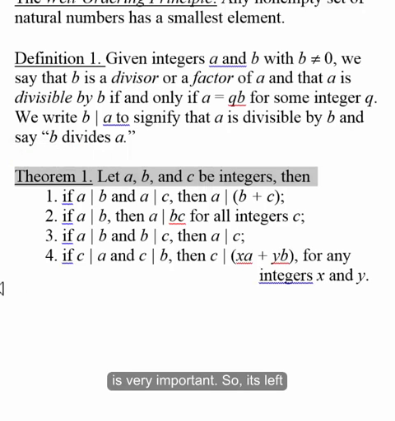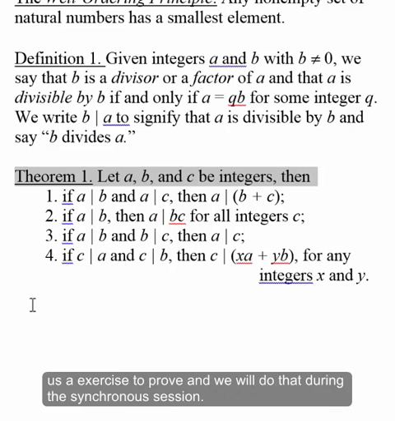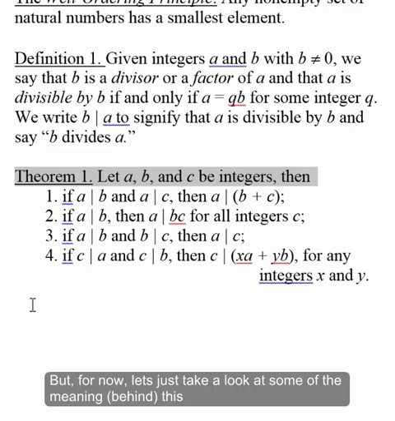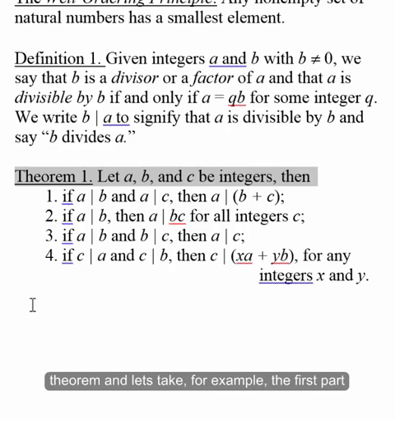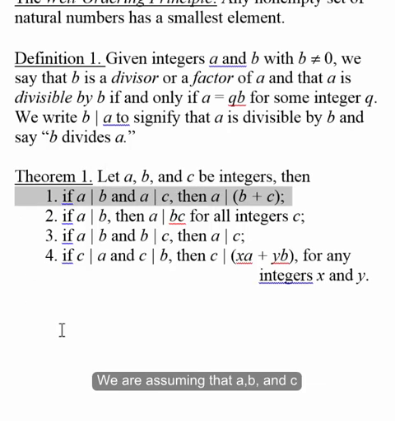This theorem here is very important. It's left as an exercise to prove, and we'll do that during the synchronous session. But for now, let's just take a look at some of the meaning of this theorem. Let's take, for example, the first part. We're assuming that a, b, and c are integers.